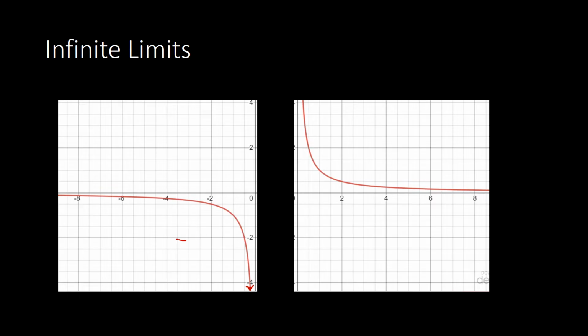Sorry on that one. That's negative infinity. And then if you look at this graph here, notice that once we move closer to our value of x, we are also moving upwards towards the positive direction of y.